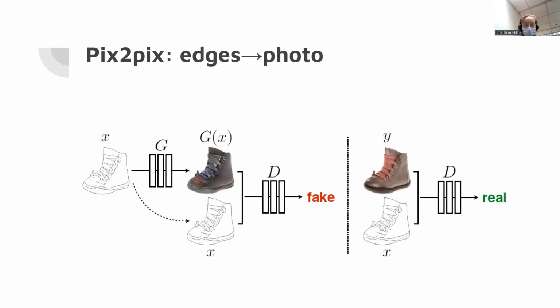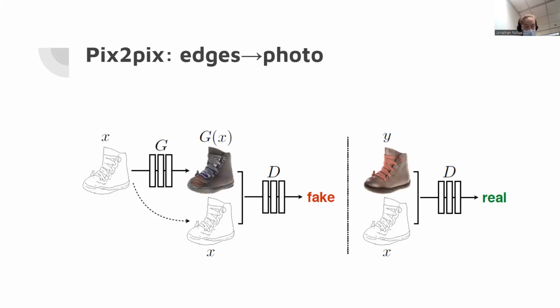In this slide, we wanted to clarify more schematically how the process of training looks. So to the left, we have a diagram showing how the generator receives the edges of a shoe from which it tries to synthesize an image of a real shoe. The pair of the generated shoe and the input is then given to the discriminator, which tries to classify if the two match or not.